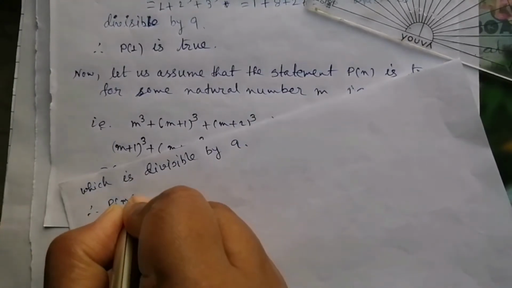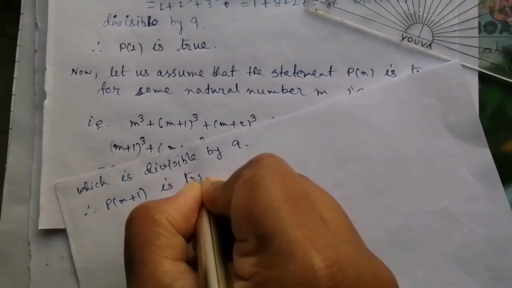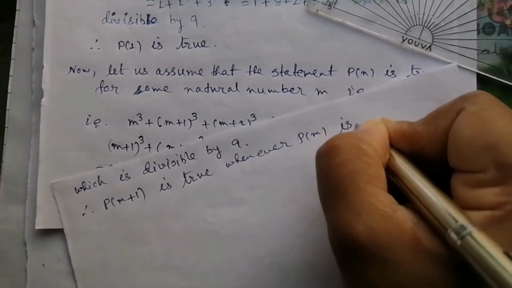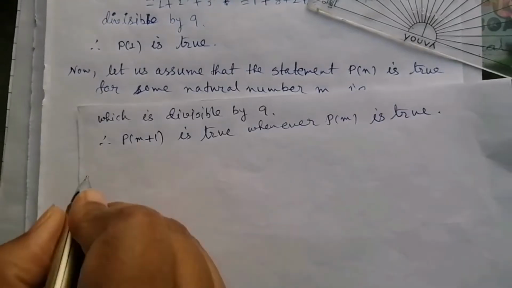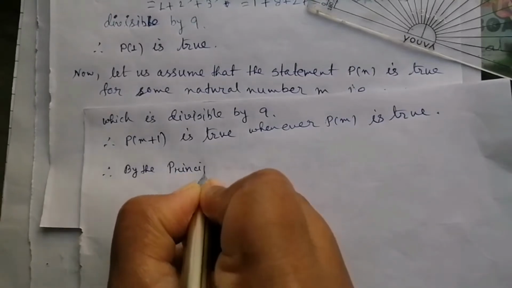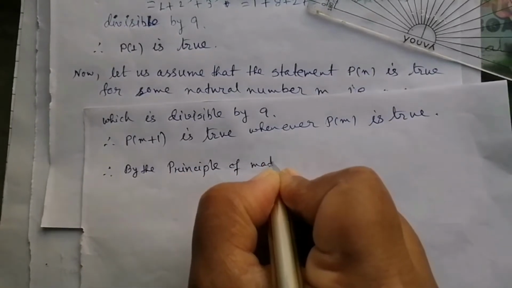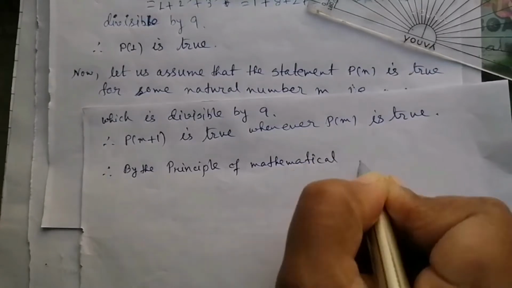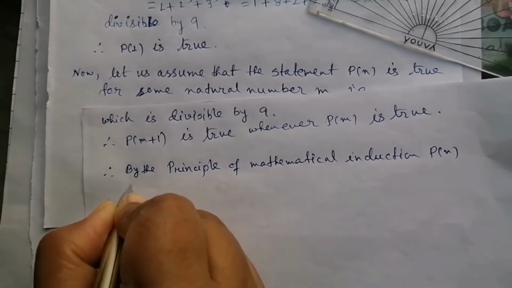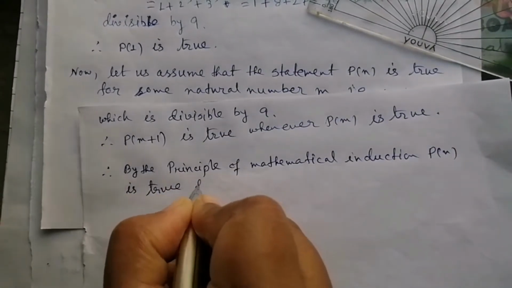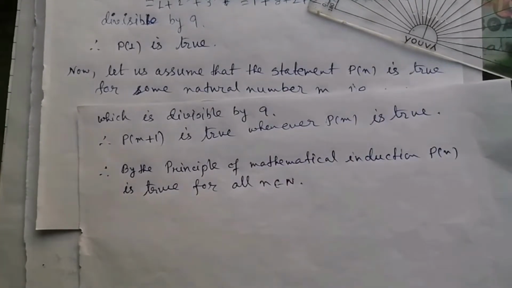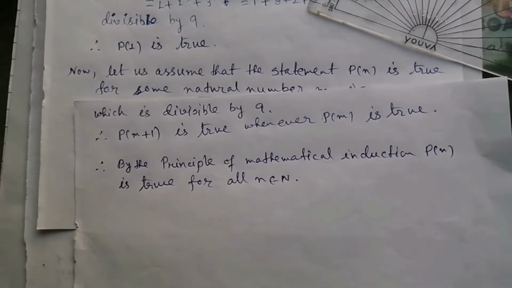Therefore P(m plus 1) is true whenever P(m) is true. Therefore by the principle of mathematical induction, P(n) is true for all n, n belongs to capital N or n is a natural number.